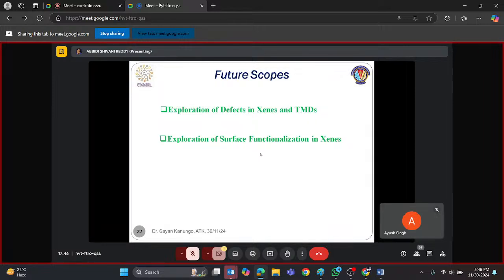And finally, artificial 2D materials, for example, the van der Waals heterostructure between two dissimilar 2D materials can also be explored as a potential strategy for improving the overall quantum capacitance of 2D material. So these are the broad overview of the possible future exploration for this kind of research.